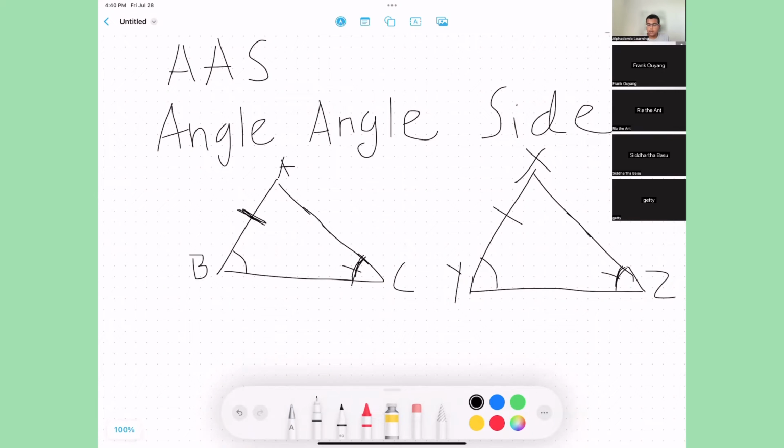So for this theorem to hold here, we would have two possible cases. Either the side is opposite to angle ABC, so this side over here, or the side is opposite to angle ACB, so this side over here. Then the congruence theorem would hold. Does that make sense with everybody?